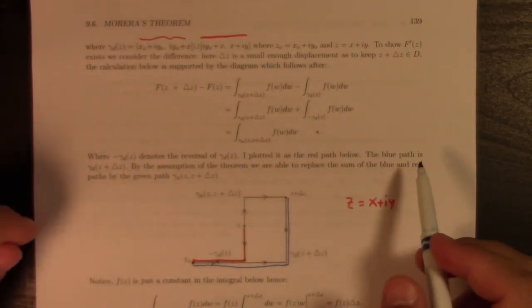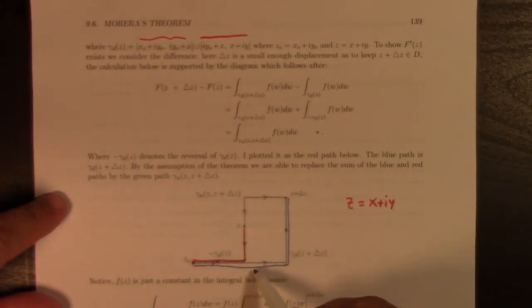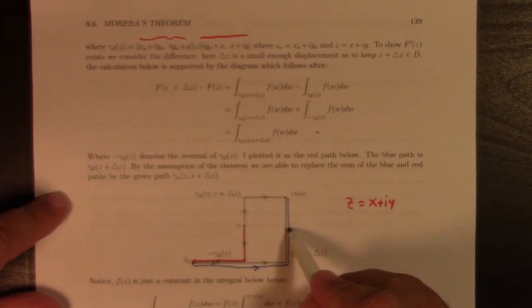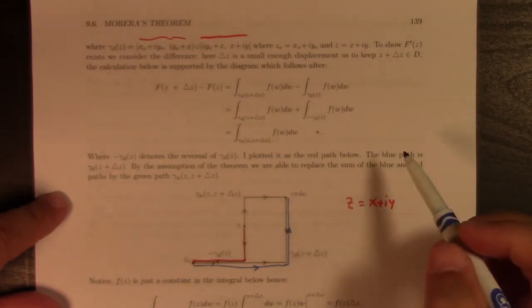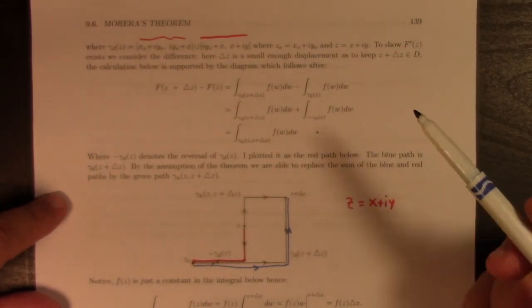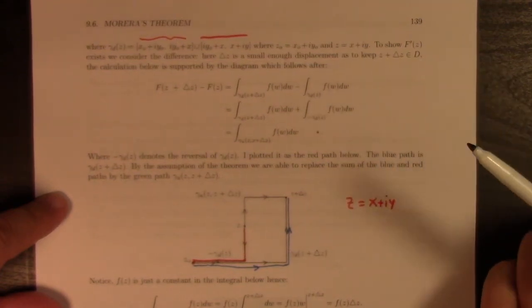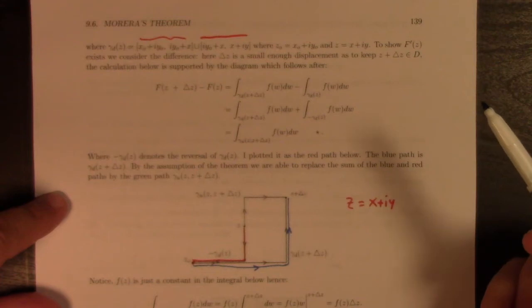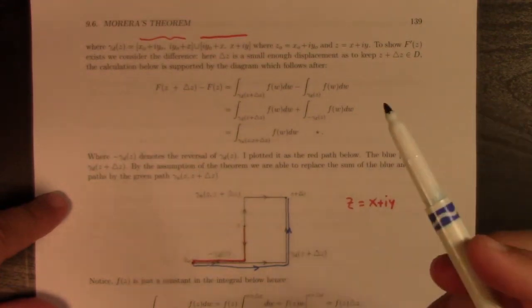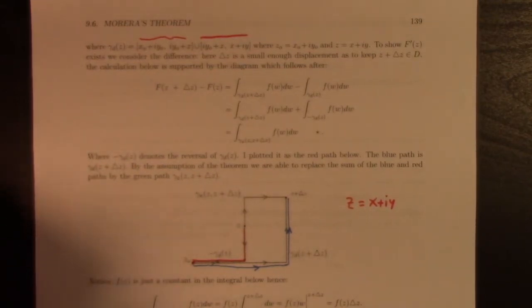The blue path, like this, goes from z naught, which is a fixed point for this construction. We're fixing it at the start. So z naught is just some point in D, and we're basing everything from there for the moment. Let me take a pause here.